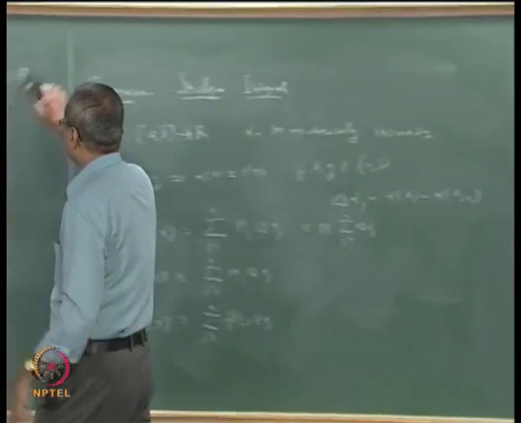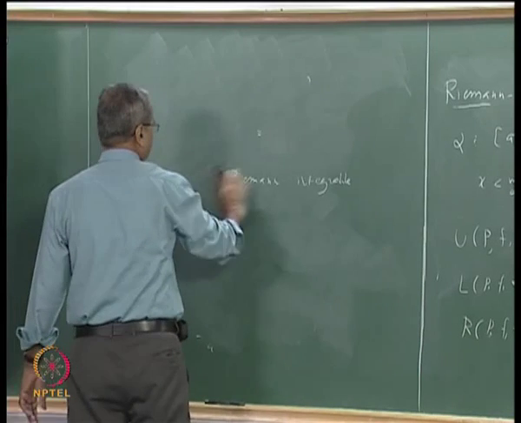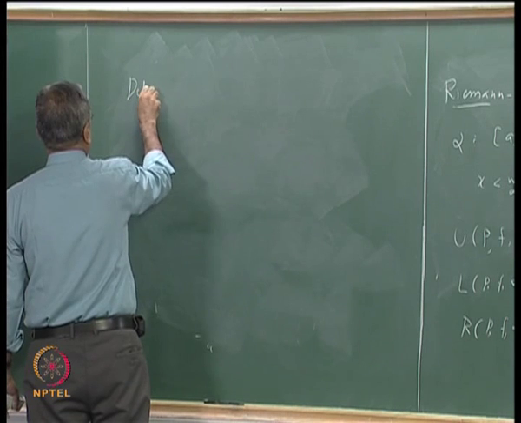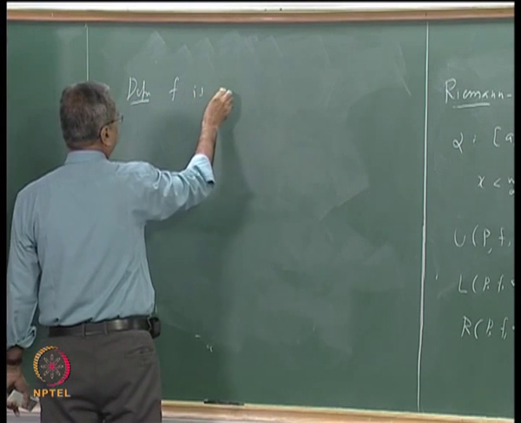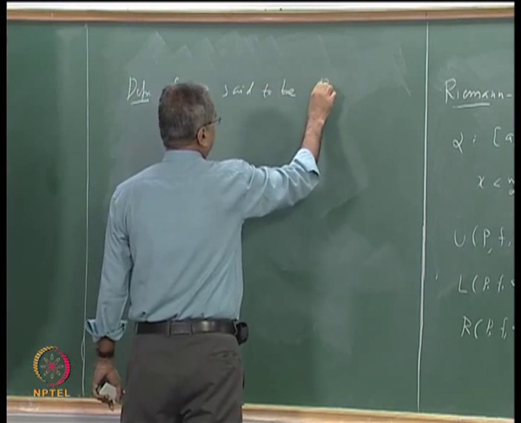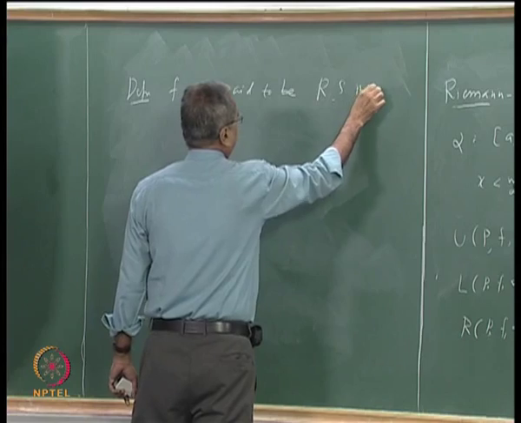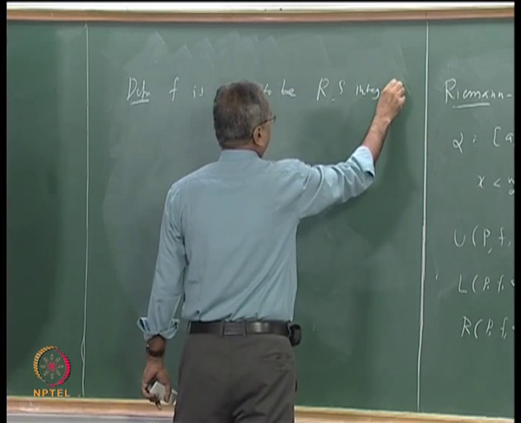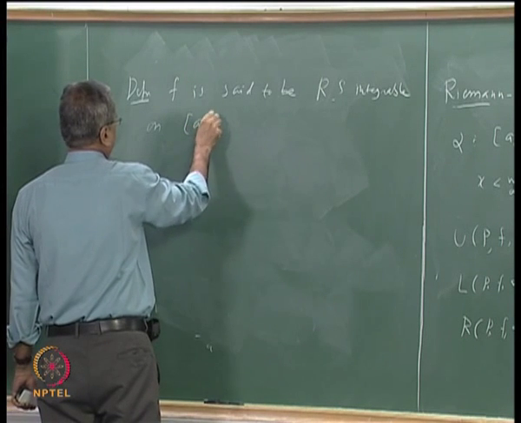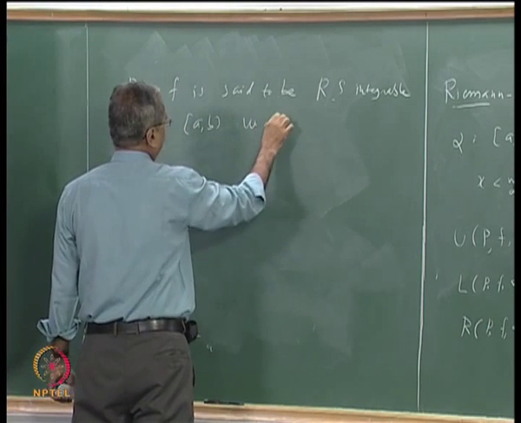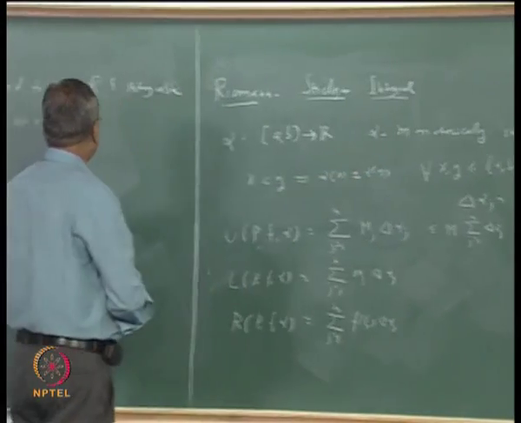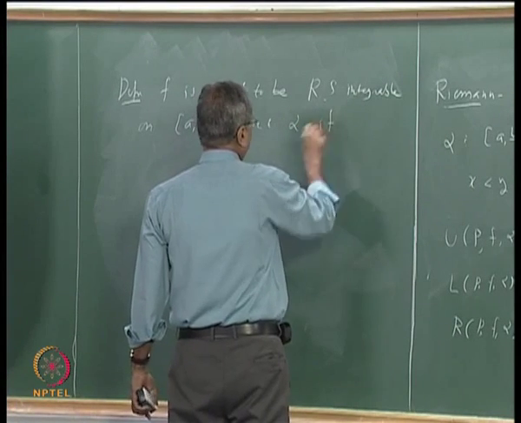So we will just record that, this is the definition. f is said to be Riemann-Stieltjes integrable on [a, b] with respect to this monotonically increasing function alpha, if these two integrals coincide.